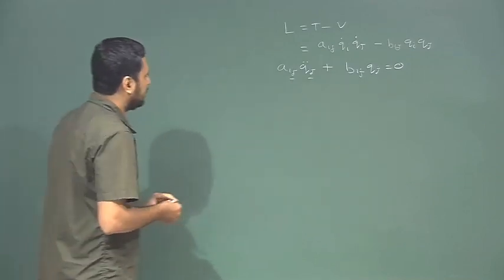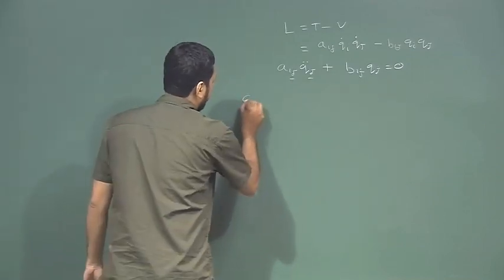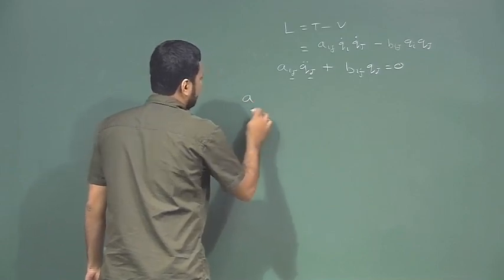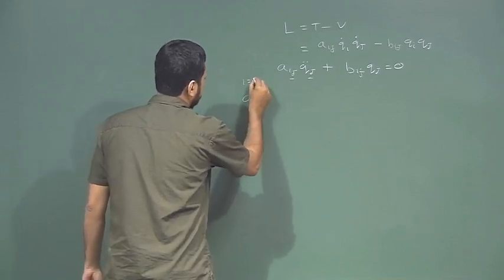So, actually this equation looks something like this. Let us take i equal to 2.